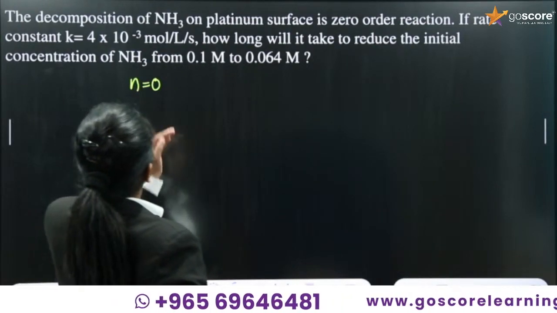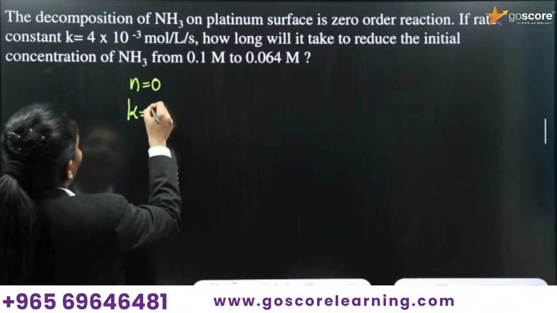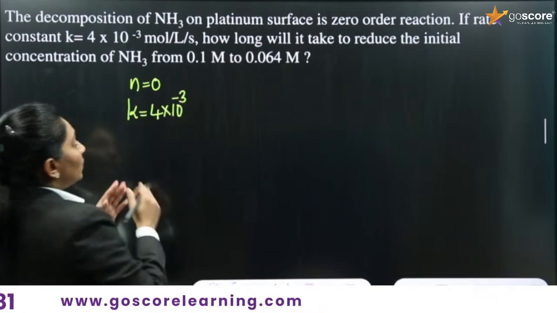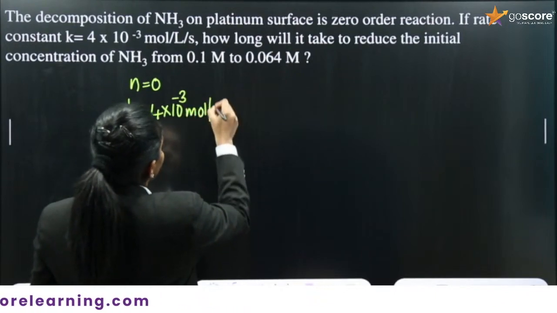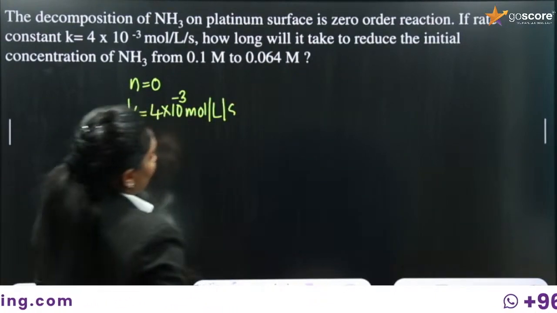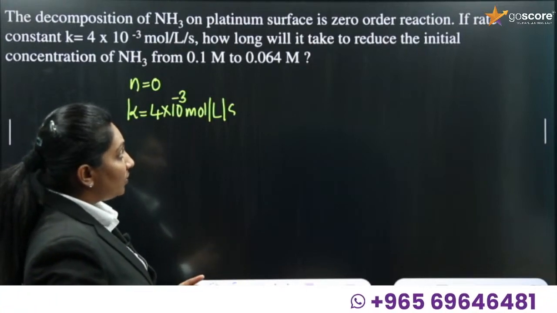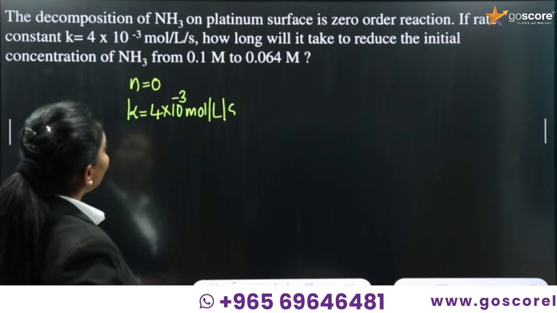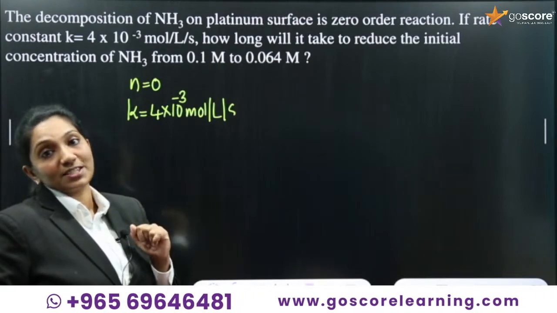The rate constant k is provided in the question as 4 into 10 to the power minus 3 mole per liter per second. Now, what you want to find out is how long it will take to reduce the initial concentration of ammonia from 0.1 molar to 0.06 molar.